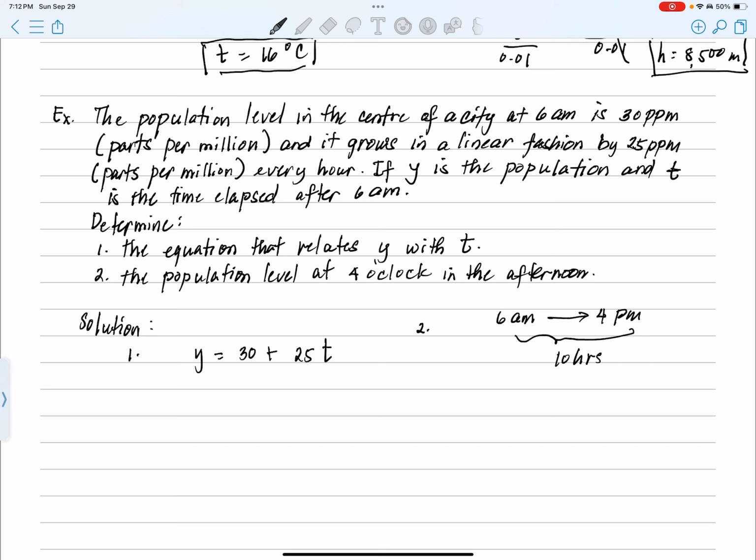So we substitute: 30 plus 25 times t, where t is 10. So y is 30 plus 250, y is 280 ppm. And that would be the parts per million after 10 hours.